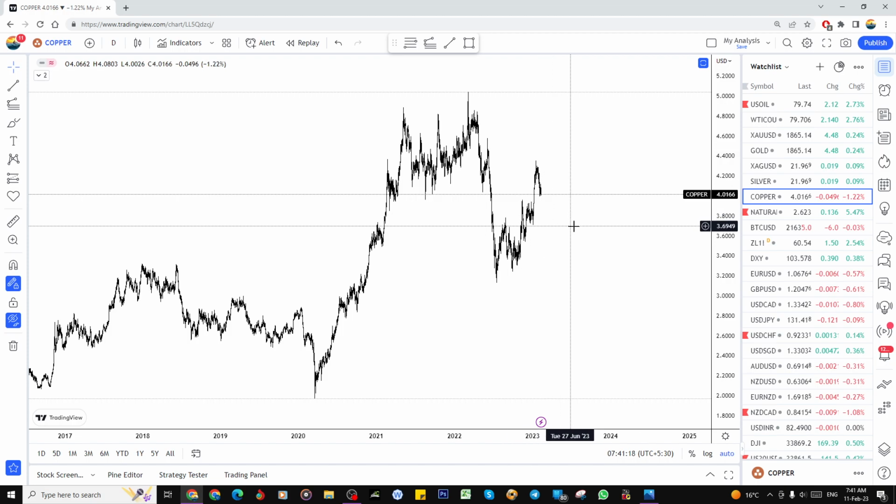If it reaches here, at least book 50 or 25% of your lot size, and then wait to see whether it is going to reach here, or again going to be a three-wave structure and again a bounce. So everything you need to look at. It's not as simple as what we are analyzing here.